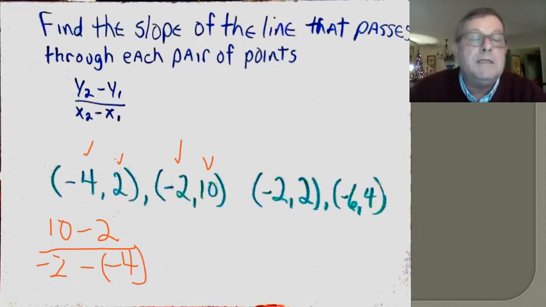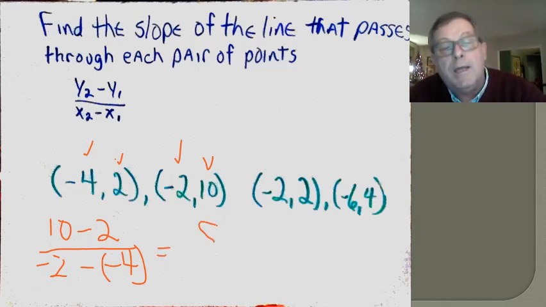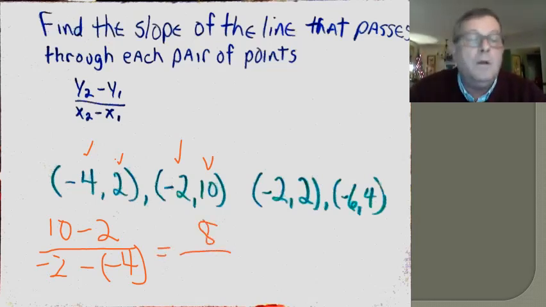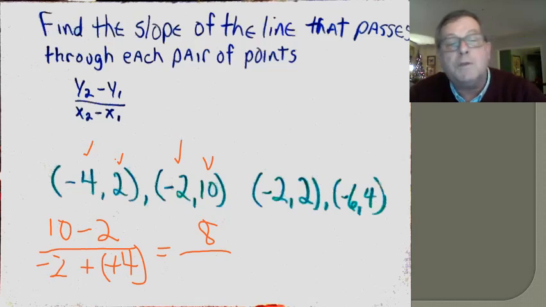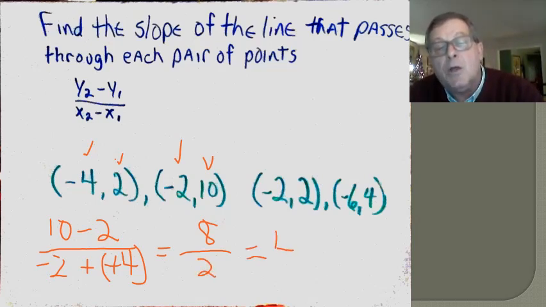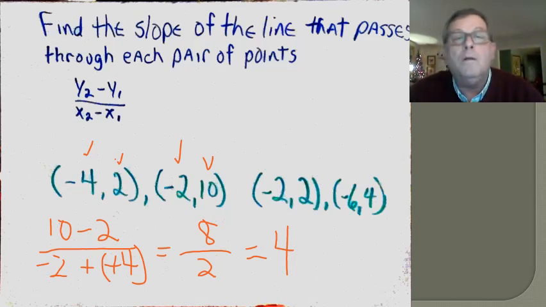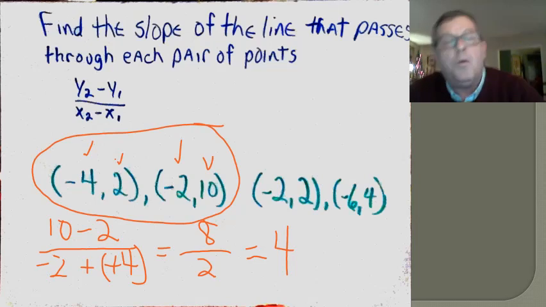Okay, well, 10 minus 2 equals 8 over -2 minus -4. Minus -4 is a plus. So -2 plus 4 is going to give me 2. 8 divided by 2 is going to give me a slope of 4 for this pair of points.